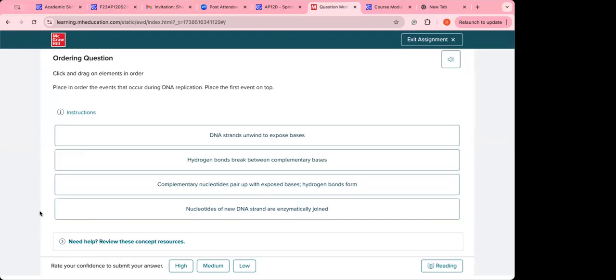I don't know if the nucleotides pair up before or after they break. Let me look. The complementary nucleotides pair up with exposed bases.